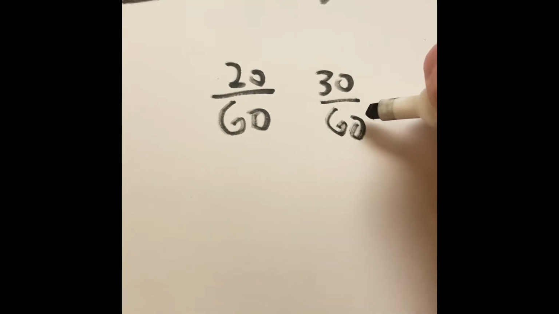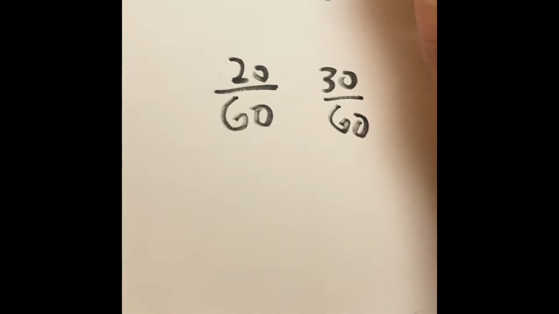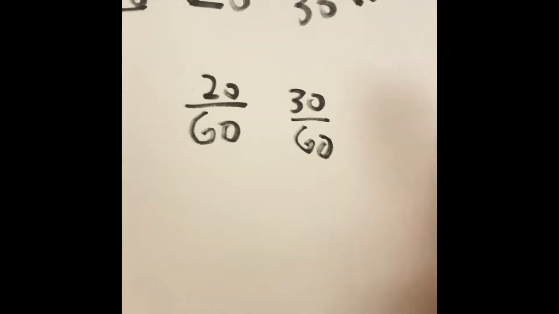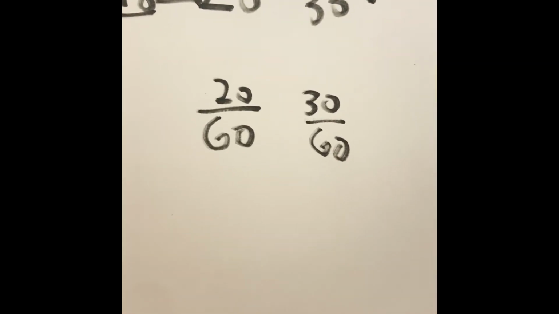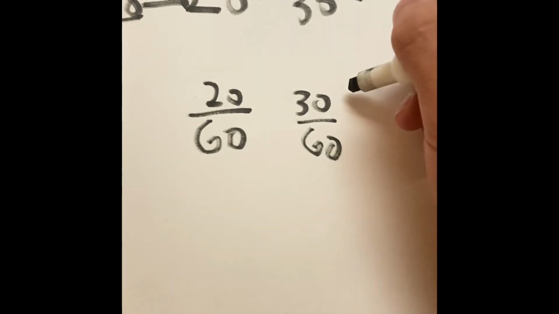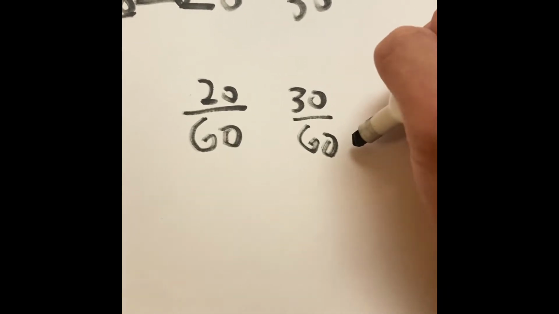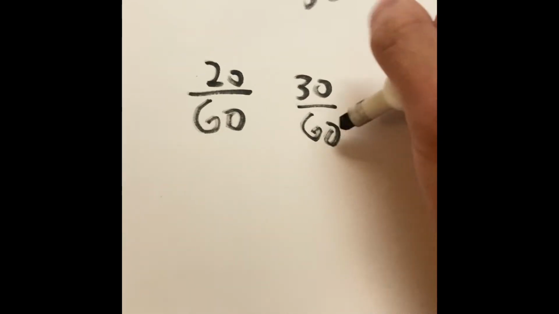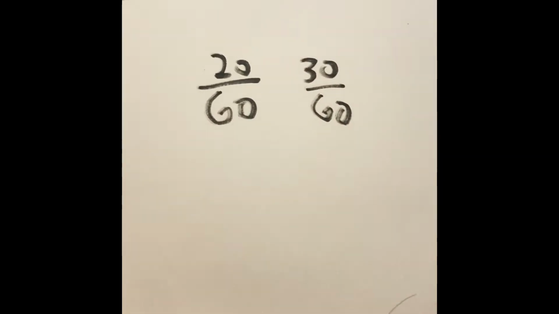However, 30 is not in minutes. 30 is in seconds because we see the two marks right there. We can understand that there are 60 seconds in 1 minute, and the fraction says there's 30 out of 60 seconds. Now, here comes the hard part.